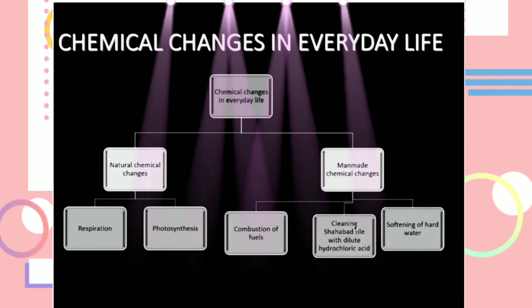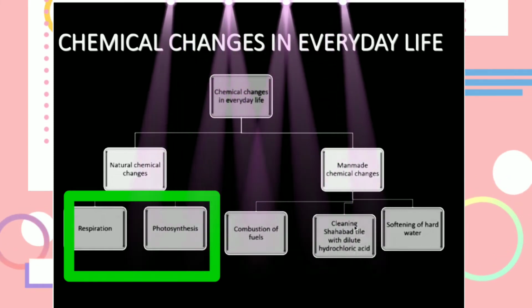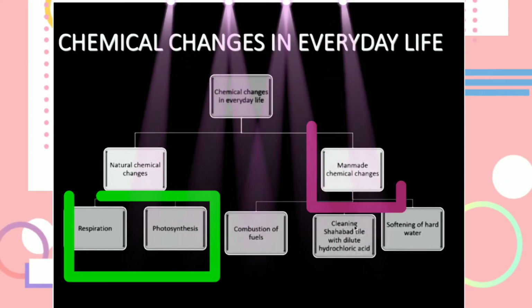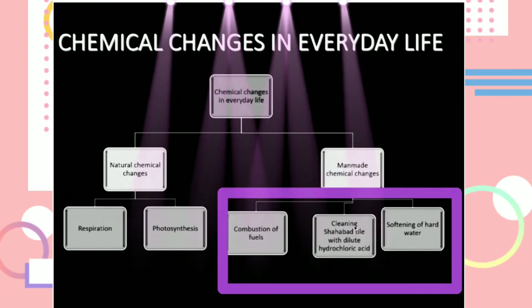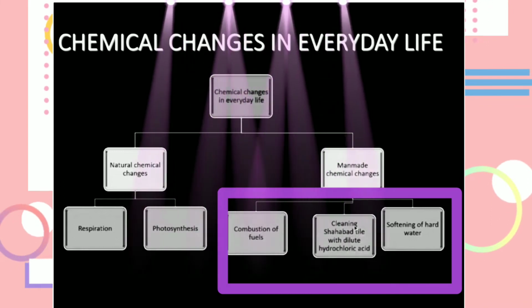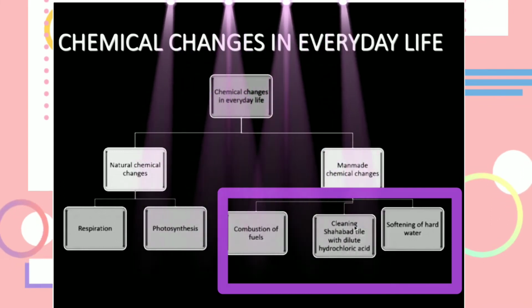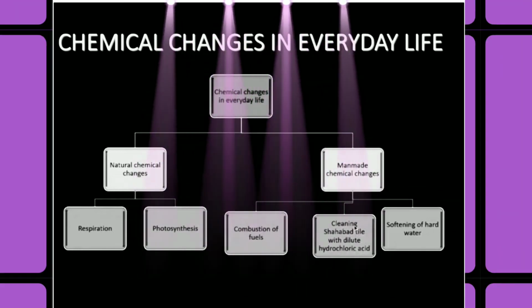Again it is divided into two, respiration and photosynthesis. Second is man-made chemical changes, and they are divided into three. First is combustion of fuels. Second is cleaning of dyes with dilute hydrochloric acid, and the last is softening of hard water.